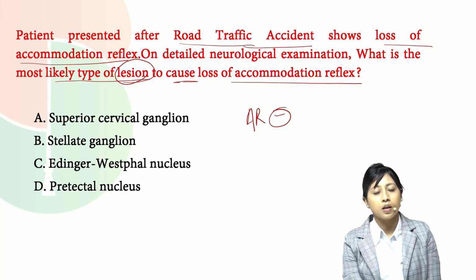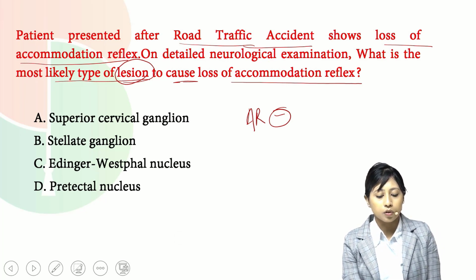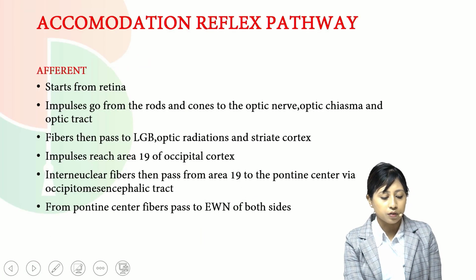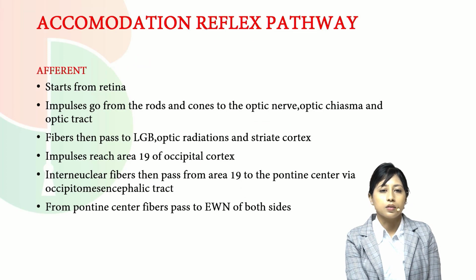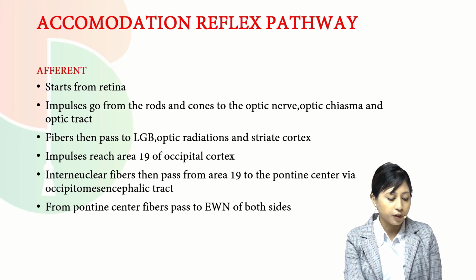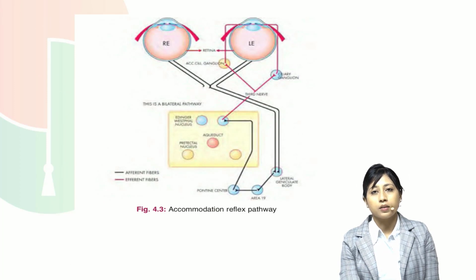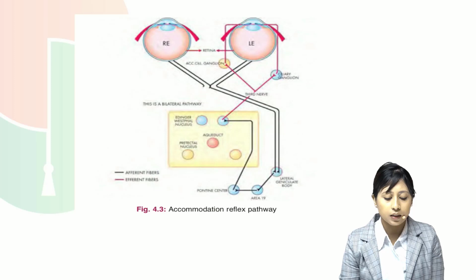Okay, before heading into the options, let us understand what the accommodation reflex is and the pathway of the accommodation reflex. So this is the accommodation reflex pathway. As we all know, a pathway always consists of an afferent and efferent pathway. So the afferent starts from the retina.